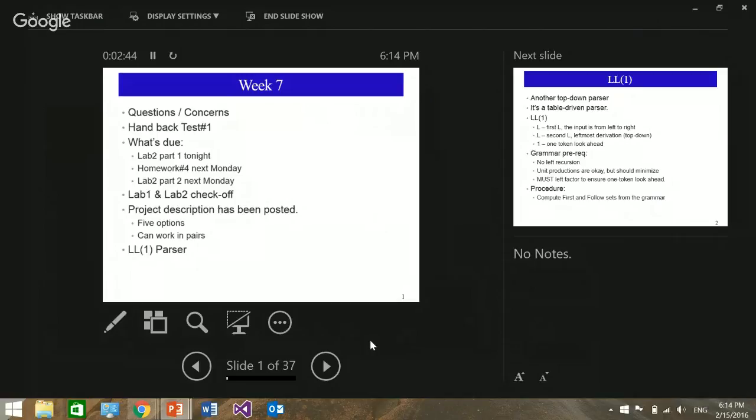This week, I think we'll get through the LL1. Next week, we'll talk a little more about what happens after you're done parsing. We are also going to talk briefly about the bottom-up parser next week. We're down to 2 more weeks, and then that week we'll have another test. So it's winding down. Remember, this is week 7.